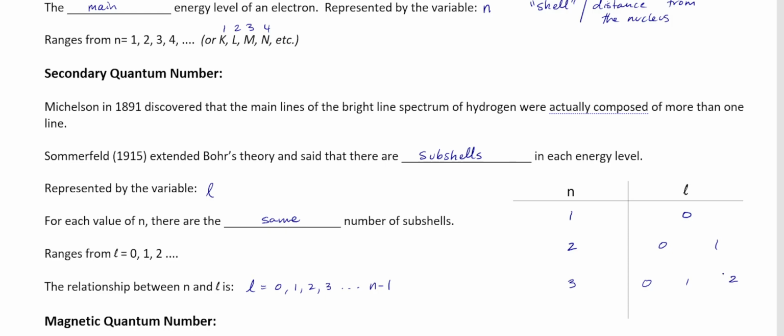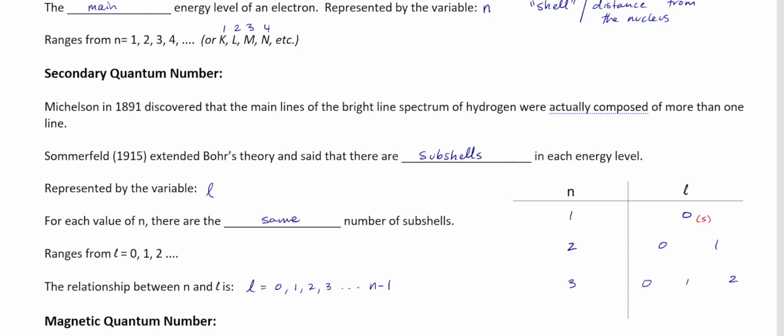Now, they're given numbers because they're quantum numbers, but they're also given letter designations to show the family of shapes that these subshells belong to. So 0 is the S family of atomic orbitals.